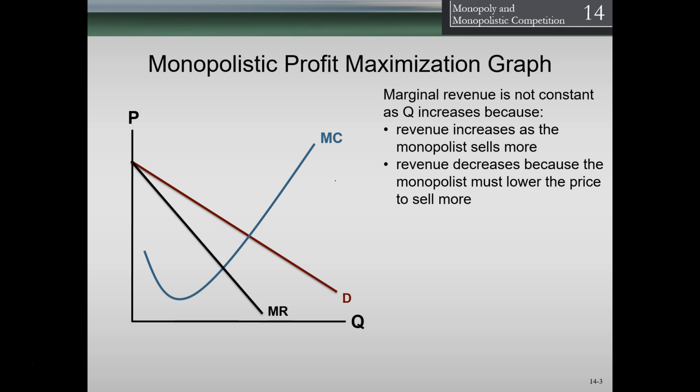A thing we want to point out here too is that when we thought about perfect competition, we know that the marginal revenue, the demand, and the price were all a straight line because we were price takers at that point in time. Since we're not price takers, we're basically the entire market.